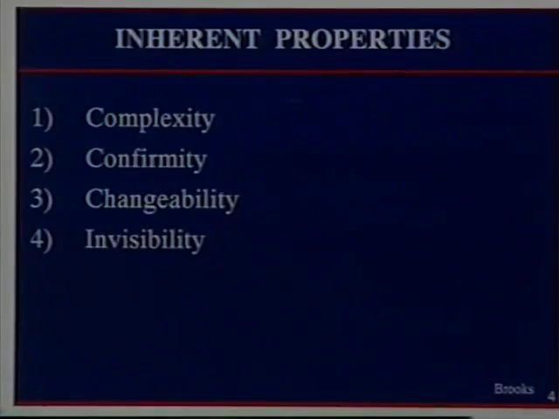Finally, software is invisible. In engineering products we have certain geometric abstractions, and you will see in module 5 several examples of some geometric modelers. However, software is invisible. There is no geometric abstraction to software. So all these inherent properties of software make software a very, very hard thing to implement.